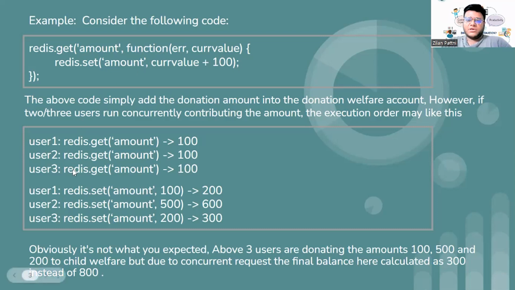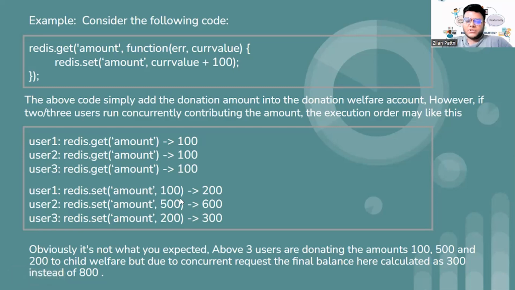So if concurrent users 1, 2 and 3 are donating at the same time in the child welfare, here you can see the opening amount is 100 and user 1 is contributing 100, user 2 is contributing 500 and user 3 is contributing 200.